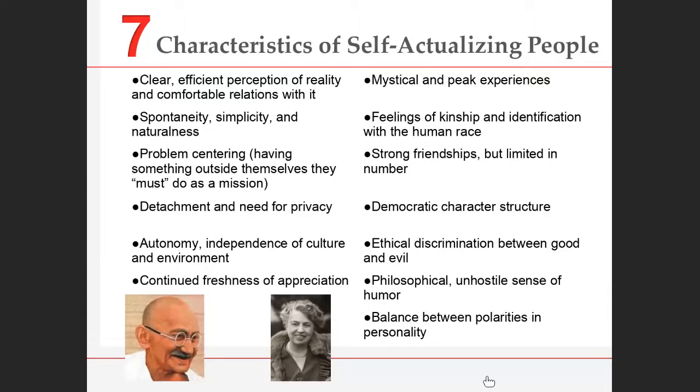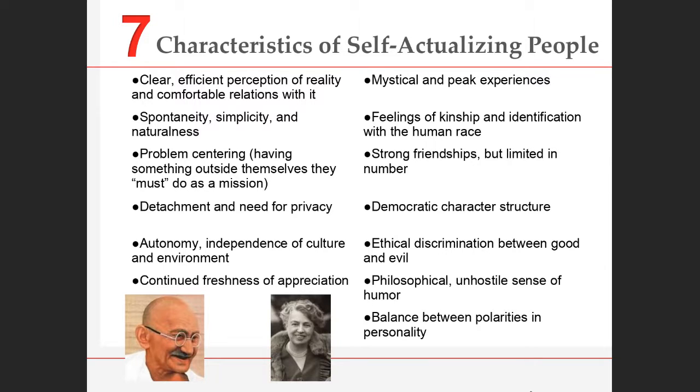He listed Gandhi as one of the self-actualized people, also Eleanor Roosevelt, and Abraham Lincoln as another. So these are people who have reached their full potential, and they felt that they had a mission in the world, and they are able to achieve that mission.